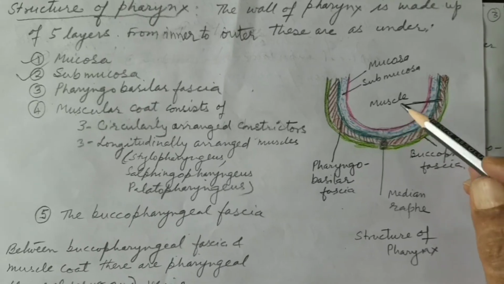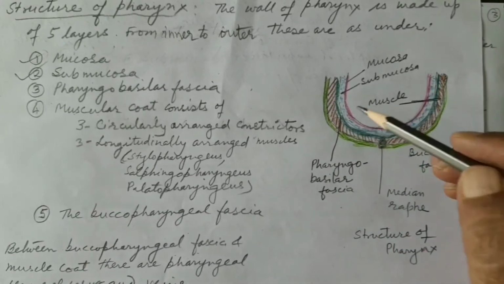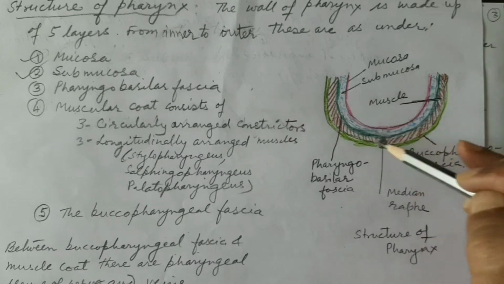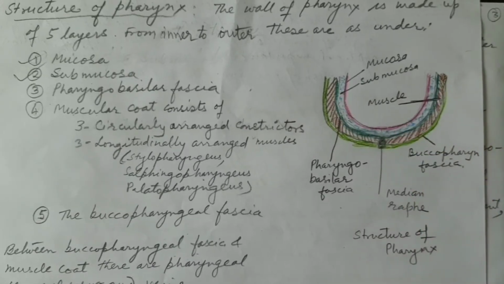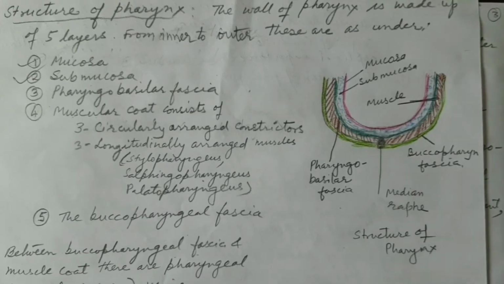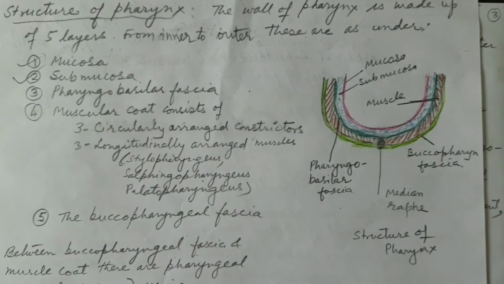The muscle consists of 3 circularly arranged muscles, which are called the constrictors of the pharynx: superior, middle and the inferior constrictor of the pharynx. And we will learn in great detail about these circularly arranged 3 constrictors of the pharynx.